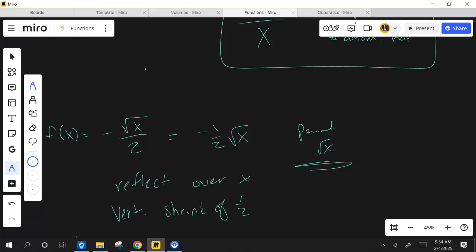All right, and then 16. f of x equals negative 3 over 2, x plus 4 to the third minus 2. And it says this function, things have already been done. So what's already been done to it, I have to undo, right?